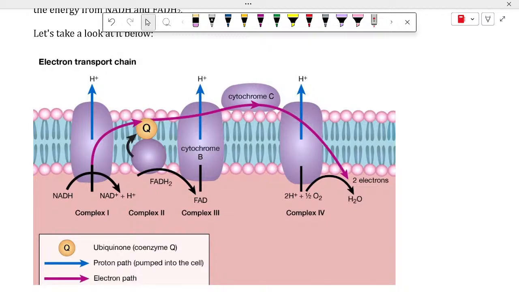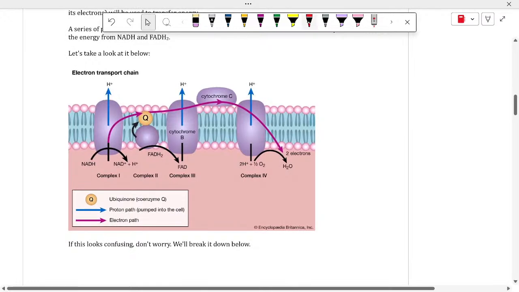And here's what we're just going to make sure we do. This side here is the innermost portion of the mitochondrion, which we call the matrix. Very good. So this side is the matrix of the mitochondrion.